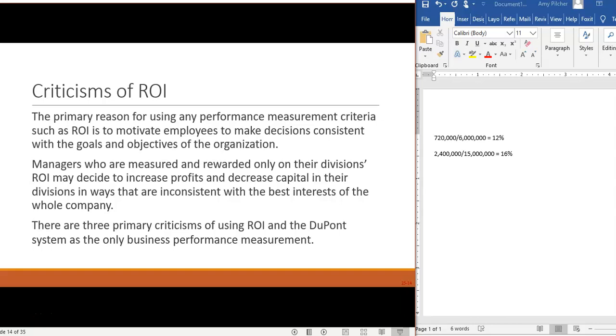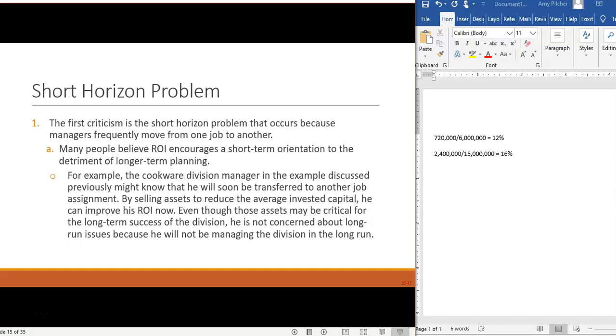So we're going to look at some of the criticisms of using ROI and the DuPont system as the only business performance measurement. So one is that it's a short horizon. This is because managers often move from one job to another.